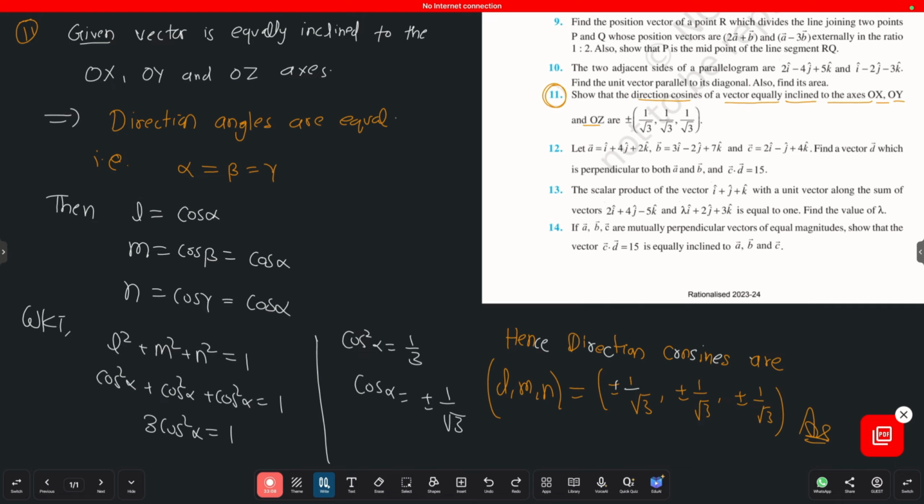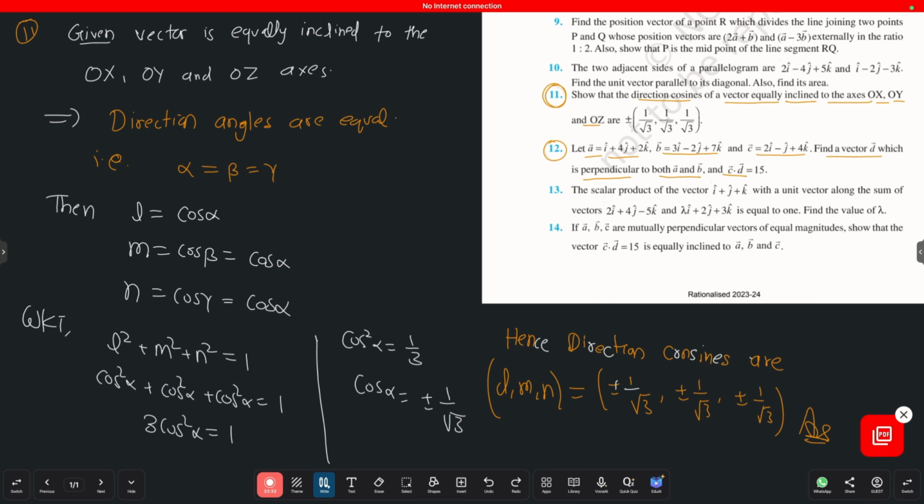Okay, next, question 12. Let A vector, B vector and C vector be given. Find a vector D which is perpendicular to both A and B, and C dot D equals 15. This question is somewhat lengthy, easy but lengthy.